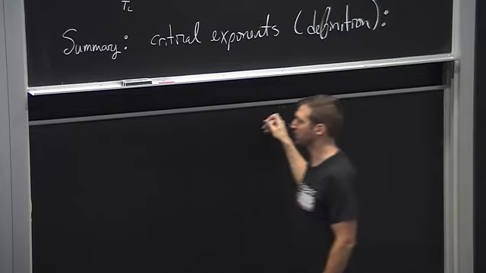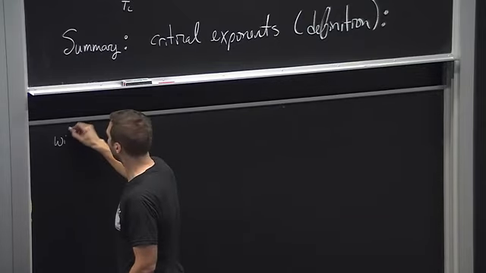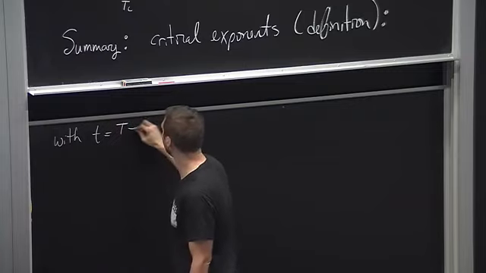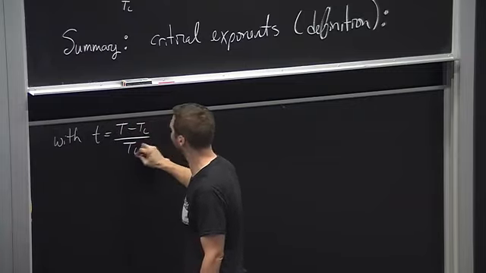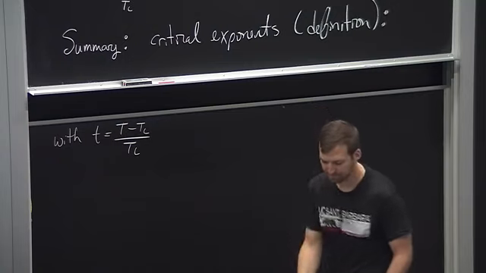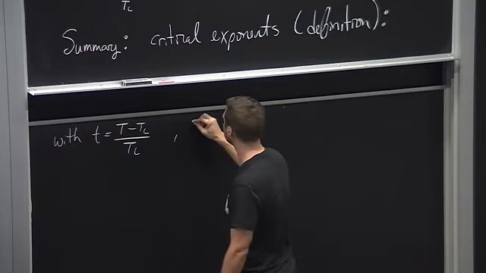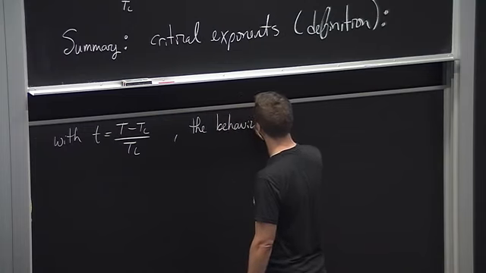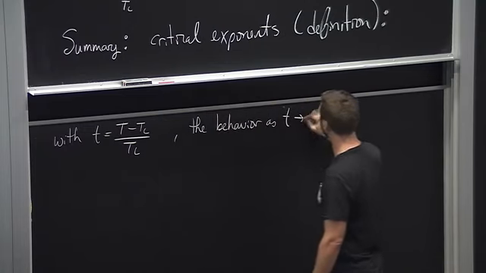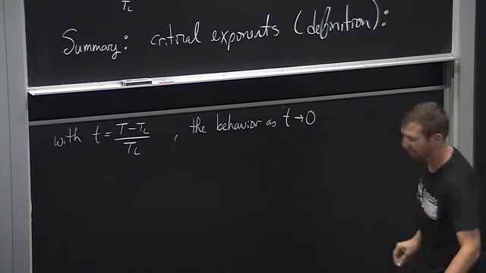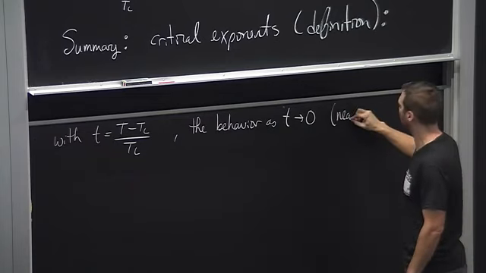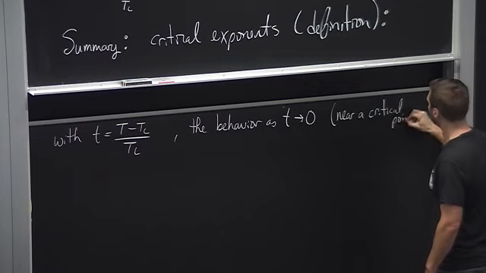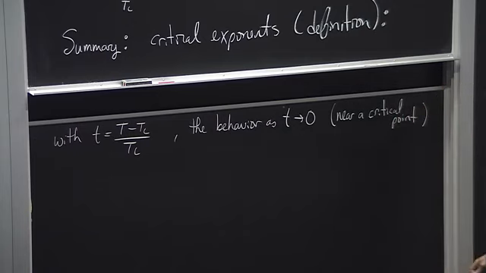So for the reduced temperature, T minus Tc, behavior as T goes to 0 near the critical point. So near a second order phase transition only.